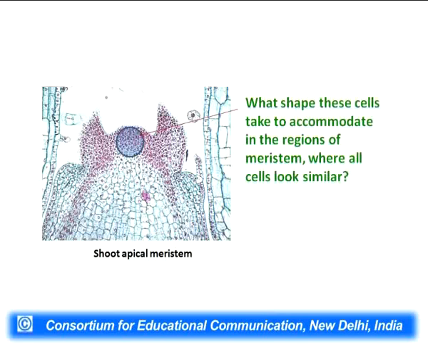The cells within this marked area are most likely to have the same type of shape, because they are not making any specific organ, they are making a large part of a meristem where all the cells have a similar kind of shape and structure.